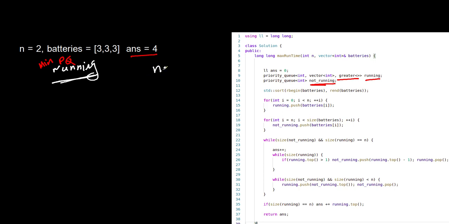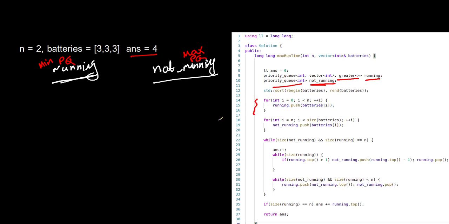And we have not running, which holds the batteries that are not being used, and this is a max priority queue.